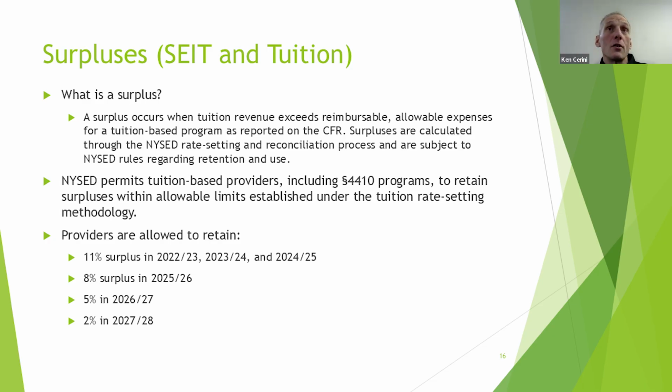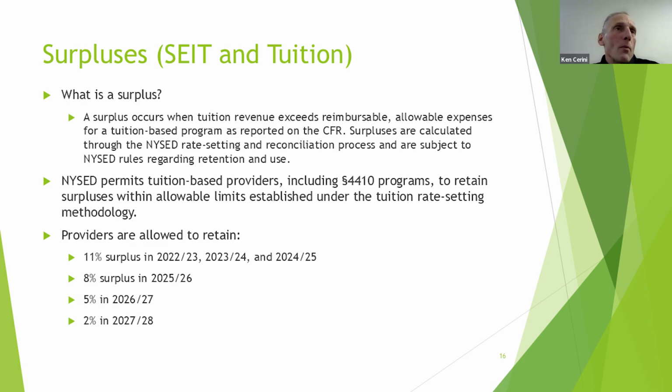They take your 2 years earlier, trend it forward, say that's one aspect of your prospective rate, and then they take your prior year prospective rate and trend it forward, and whichever of the two is greater is the one you get. So if you do underspend, that underspending is not going to affect your rates going forward, which is an important consideration, because who would want to underspend if their rates are going to go down?